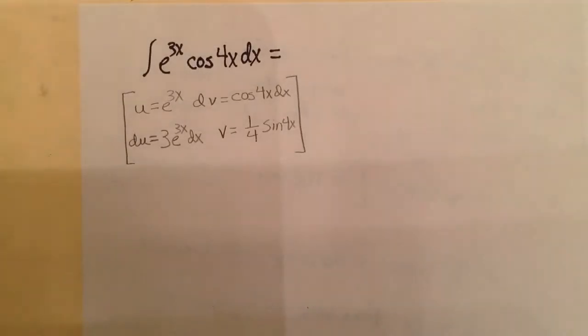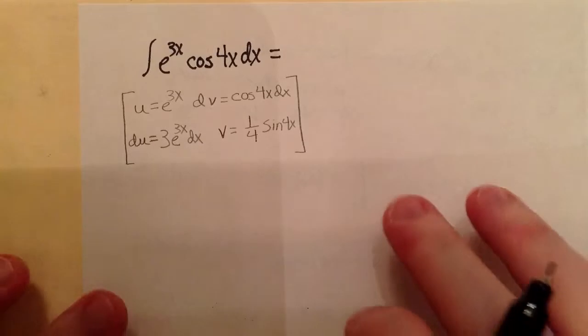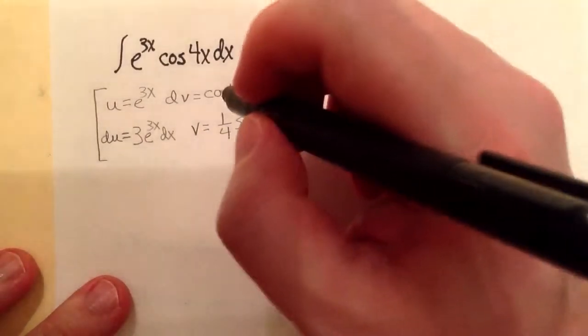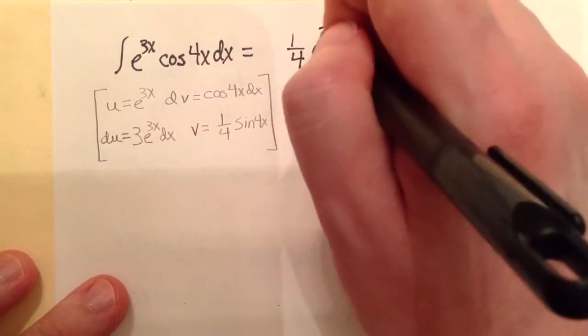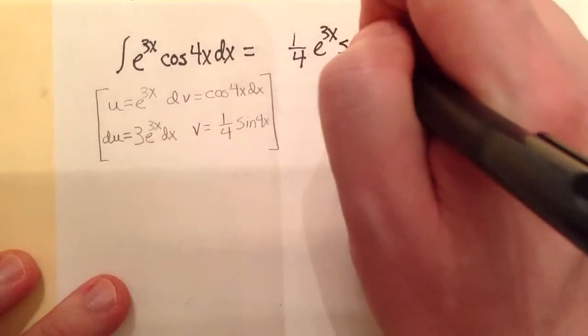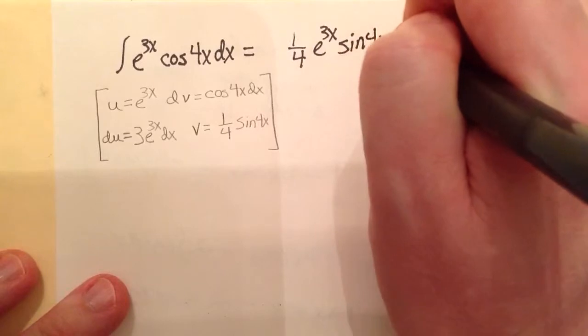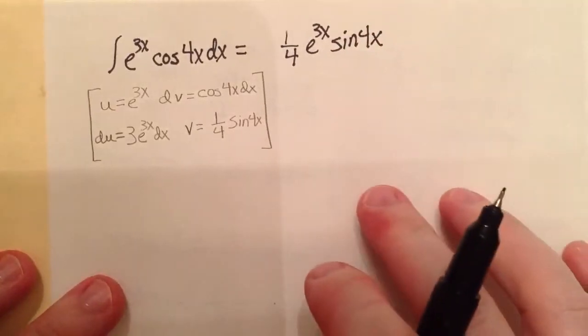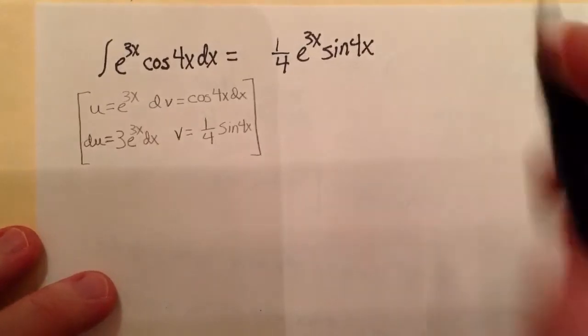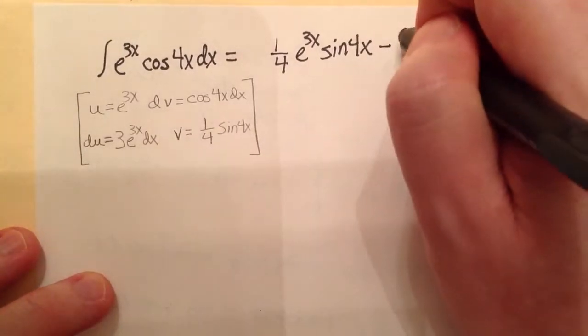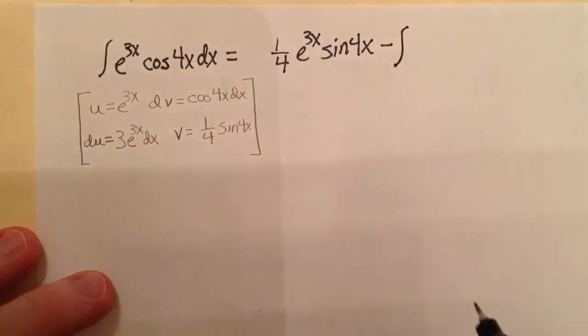In carrying out the integration by parts, for u times v we're going to have 1/4 of e to the 3x times the sine of 4x. Then we have minus the integral of v times du, and I'm going to leave the fraction inside the integrand.